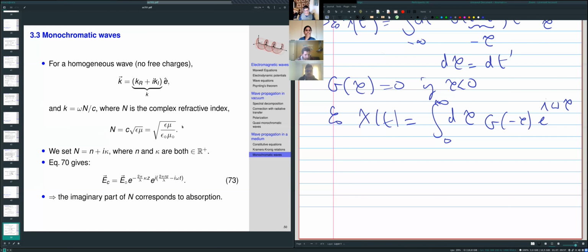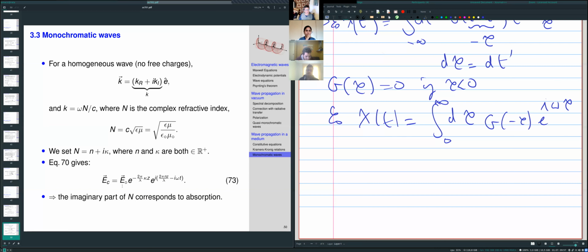And we define, in this case, this extension of the refractive index, which is the ratio of the speed of light in the medium relative to the speed in vacuum. So this is the definition of the refractive index, and it's got real and imaginary parts.